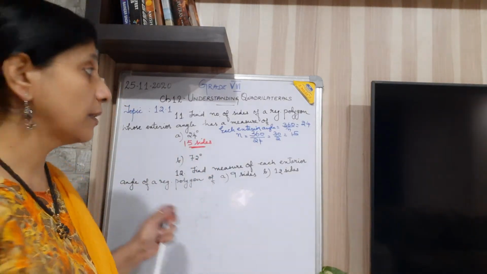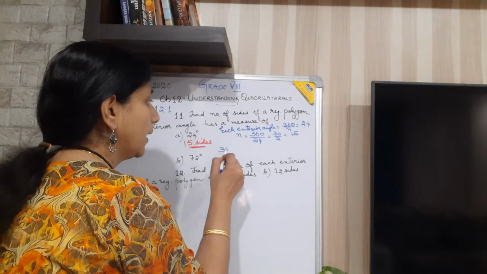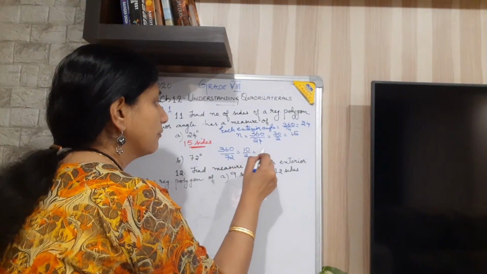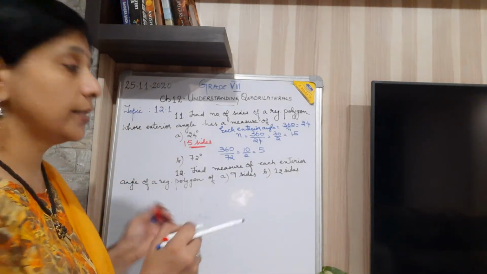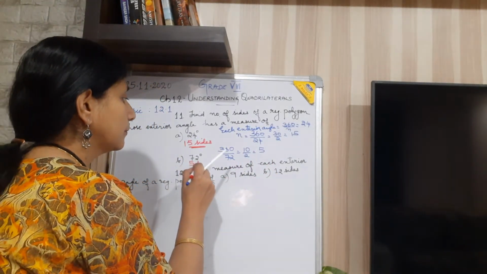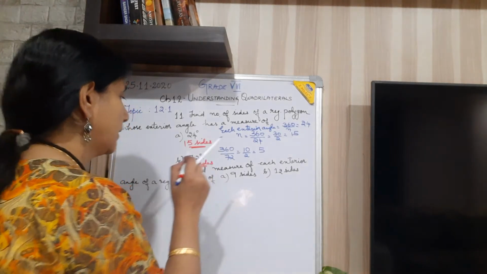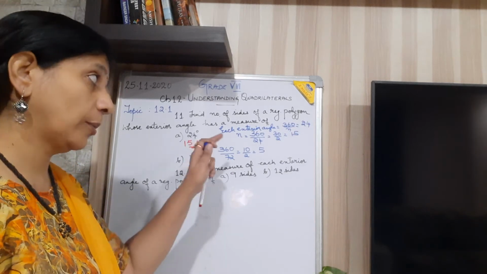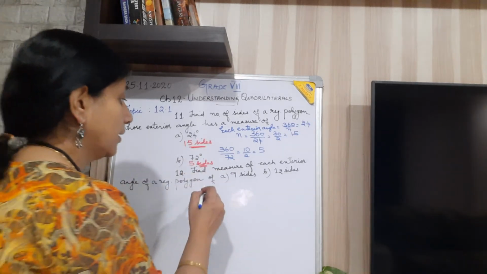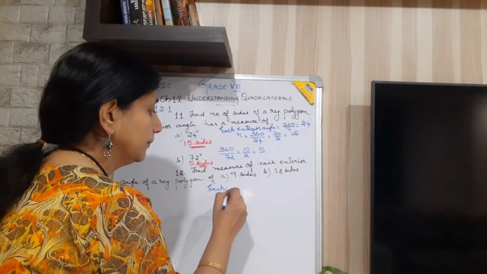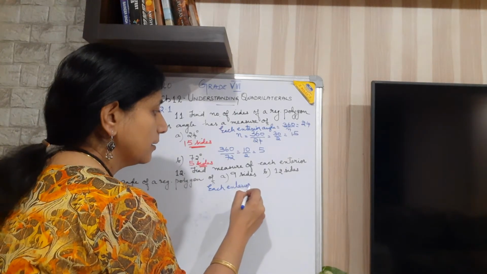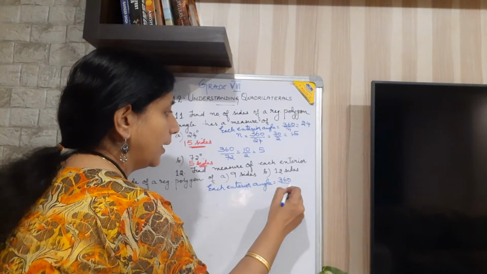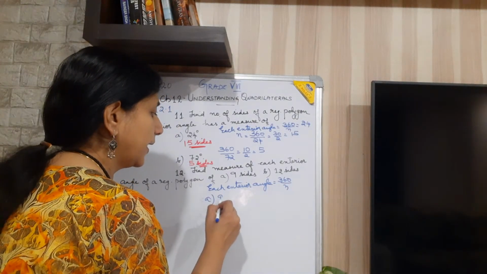Now next is 72. So it is 360 by 72. It's 10 by 2. That is 5. 5 sides, it's a pentagon. Okay. Next is find the measure of each exterior angle if the sides are given. The formula is same because sides are given. So each exterior angle is 360 upon n. N is given as, the first case it is 9 sides.